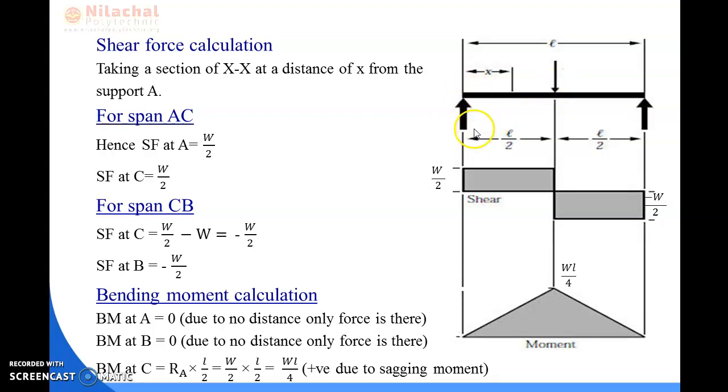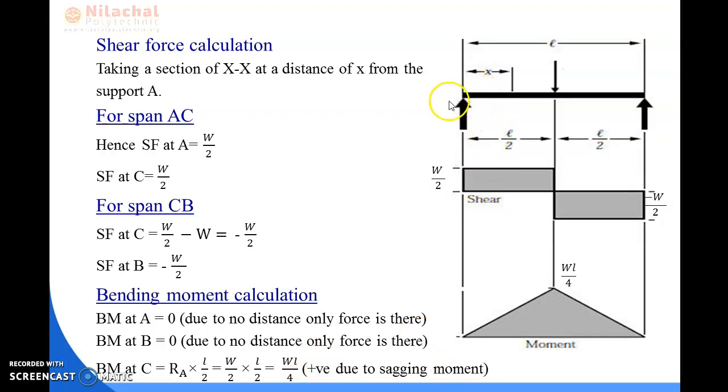The RA value is W by 2 and the distance between A to C is L by 2. So the load into distance will be W by 2 multiplied by L by 2. Hence, the total value will be WL by 4, and the value is positive due to the sagging moment.